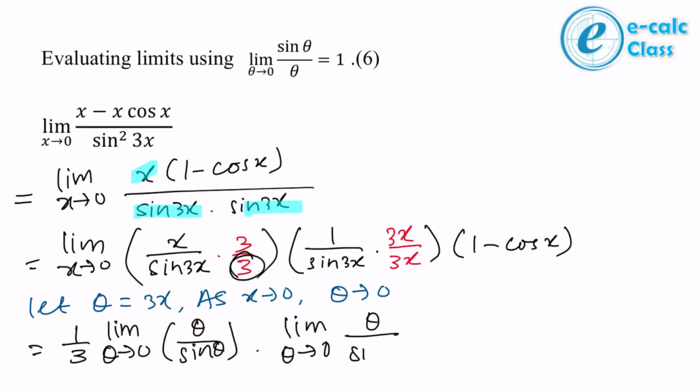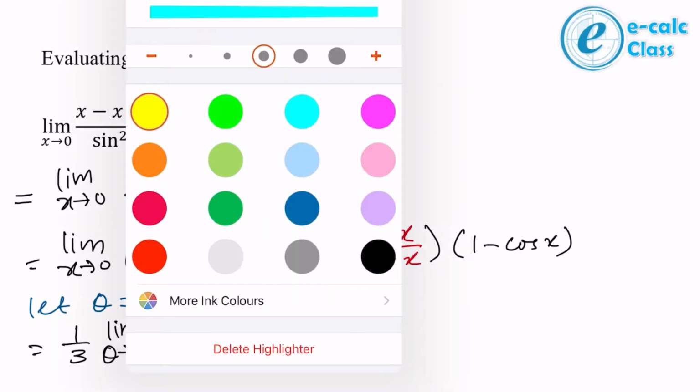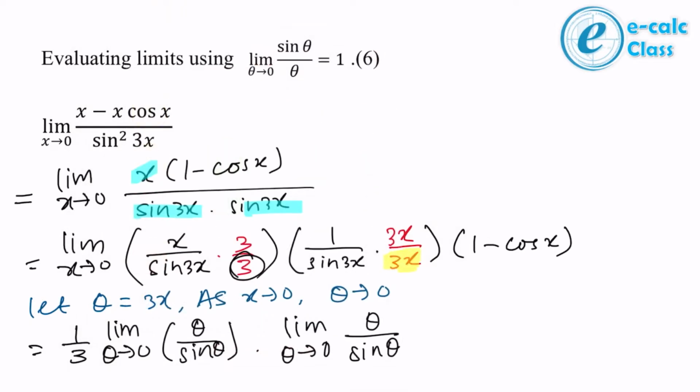Theta over sine theta. And then we have a 1 over 3x. Just this one. You know what I'm talking about? I'm talking about this 3x fella here, because I want to make it 3x over sine 3x.